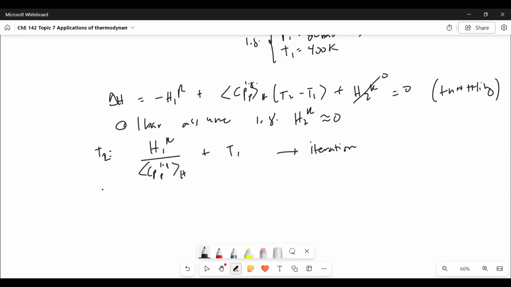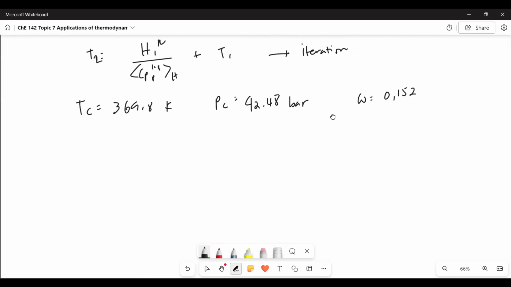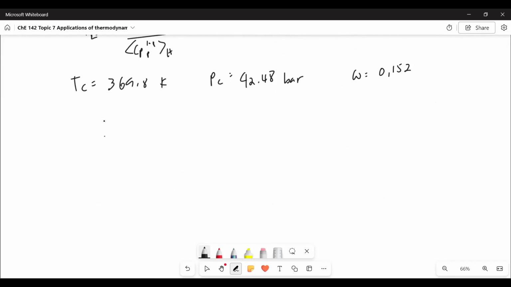For propane from Appendix B or A, TC, the critical temperature of propane, is 369.8 Kelvin, and PC is 42.48 bars. The eccentric factor is 0.152.